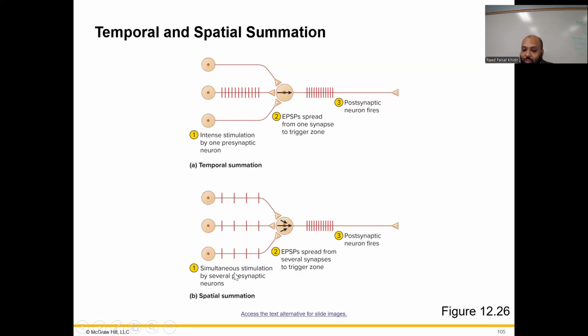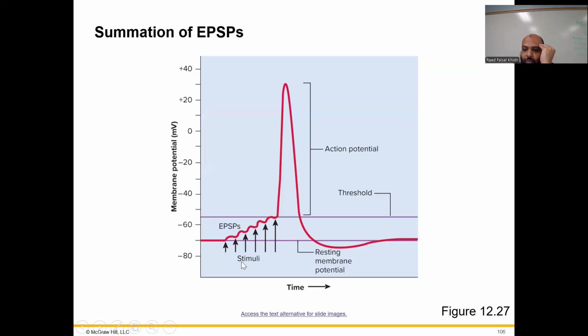So that's spatial summation. That is simultaneous stimulation by several presynaptic neurons. So the excitatory postsynaptic potential is spread from several synapses to the trigger zone. This is the excitatory postsynaptic potentials that you see.